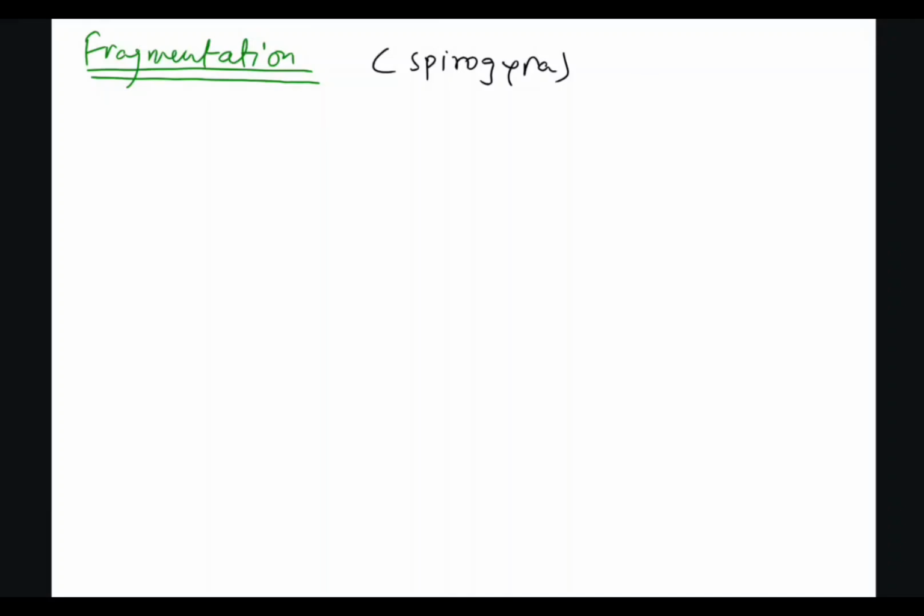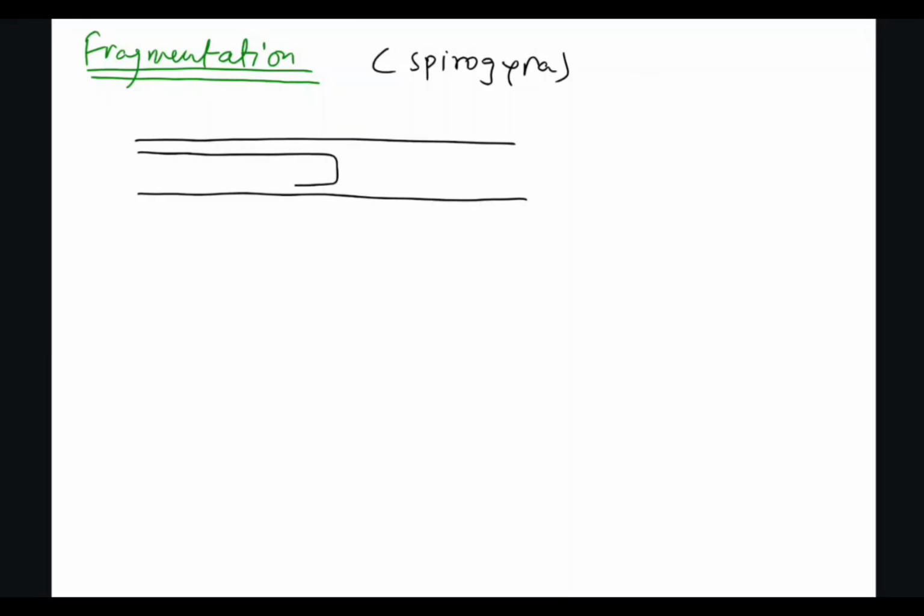So let's say that we have a spirogyra here, and spirogyra are present in filaments. These are two filaments. And here is its genetic material. So you now have a filament of a spirogyra. The nucleus would be somewhere here, with a spiral chloroplast and genetic material.